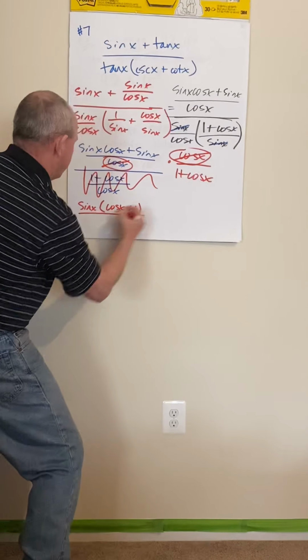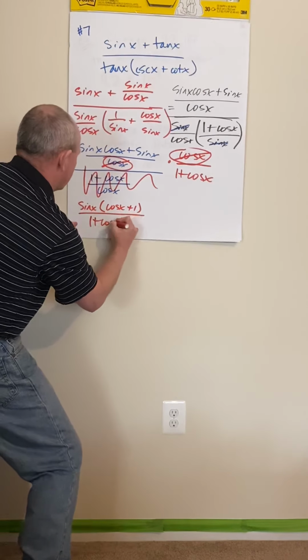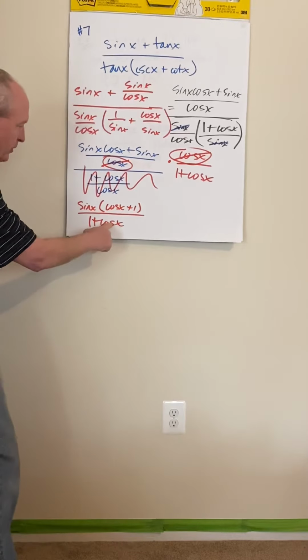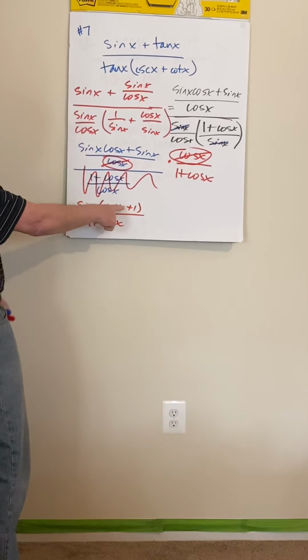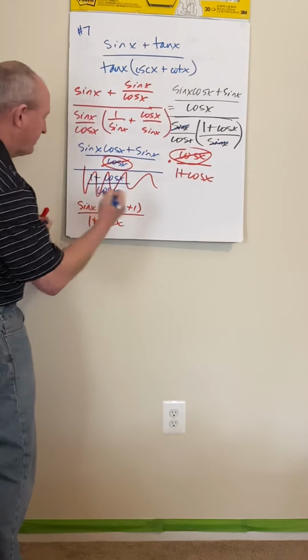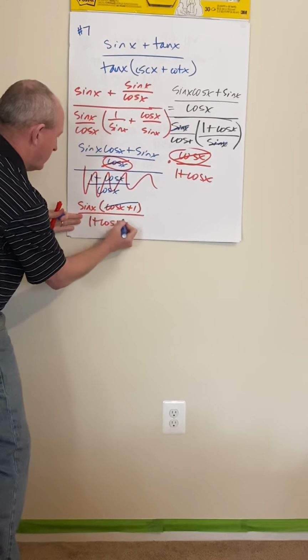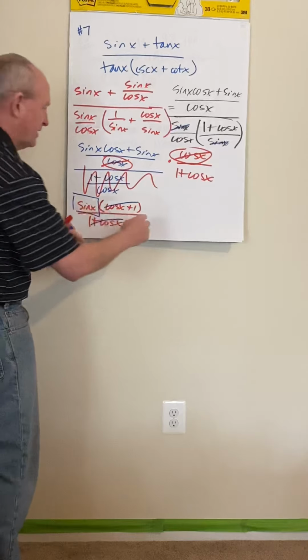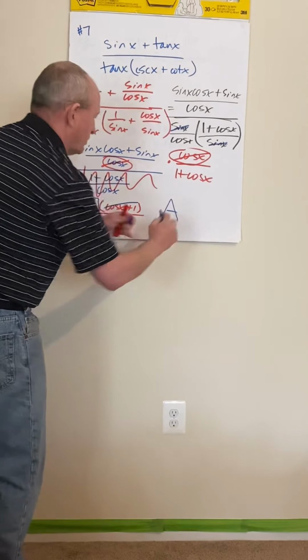And then we're dividing by 1 plus cosine x. All right, now we're in business because that 1 plus cosine x and that cosine x plus 1, they're the same thing. I can divide those out. And we're left with just sine of x, which I think was choice A.